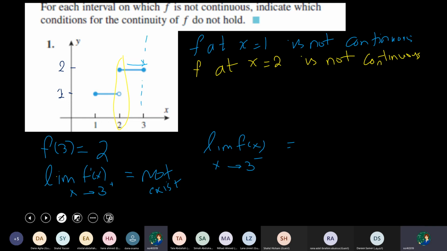Look at here. From the left, the values approach to be? 2. Okay, 2. So does the limit exist here? Is the limit here two-sided or one-sided? Is it one-sided or two-sided limit?